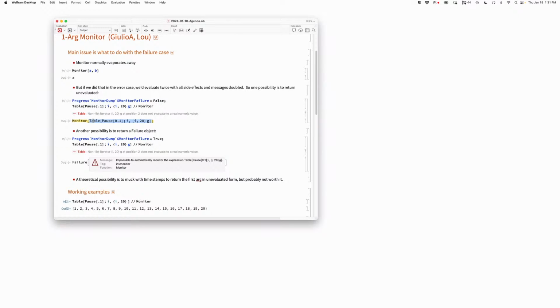If Monitor in this situation didn't evaluate its argument for some reason, that's a mess. Okay, hold on, let me think about this for a second. The situation is something has gone very wrong. Most of the time, this is going to be code where you're just going to rerun the code. The return value of the code is largely irrelevant.